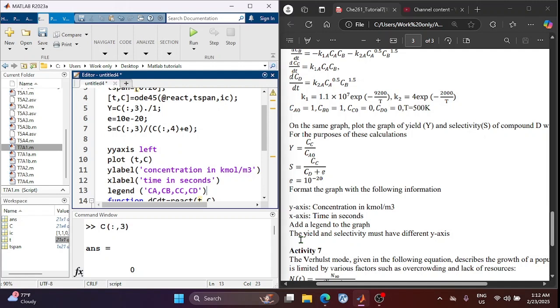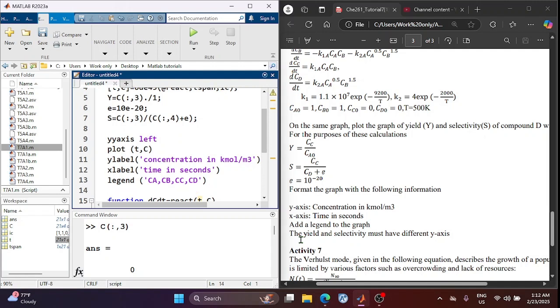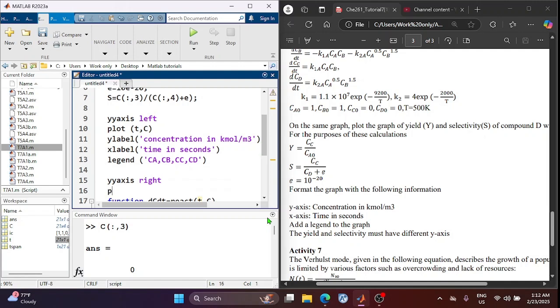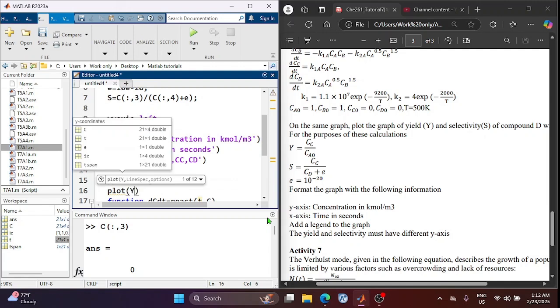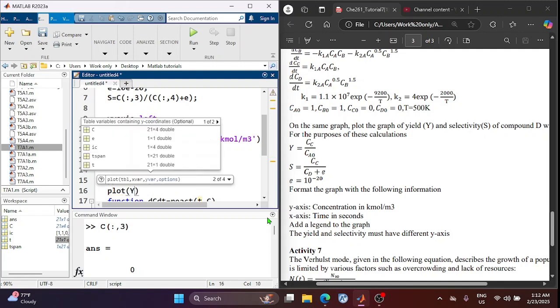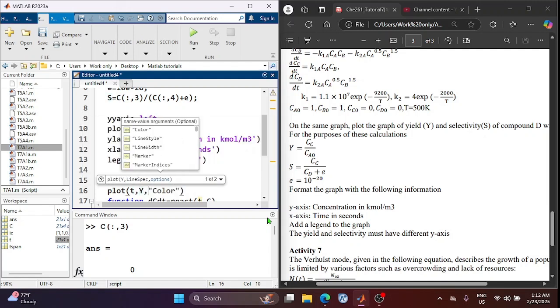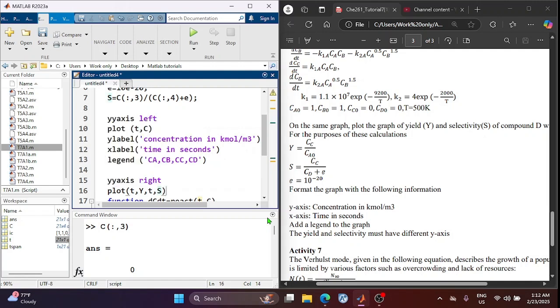Then we can come to the next part and type yaxis right, and then say we want to plot. First we want to plot the yield against time, then time and selectivity.